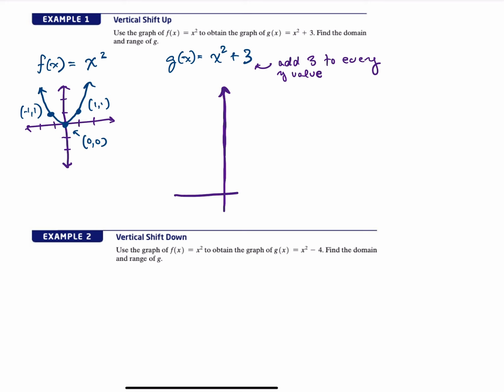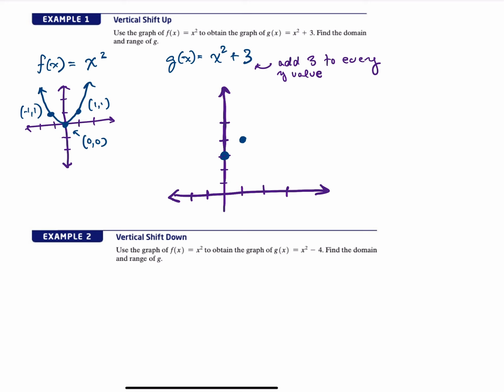So I'll make a little more space up top because I know it's going up. So I'm already thinking where the vertex will be. It'll be up here at 0, 3 instead of 0, 0. And I know I would go over to the right one and up 1 for my next point here.